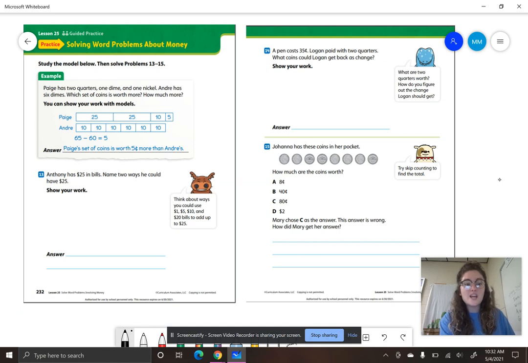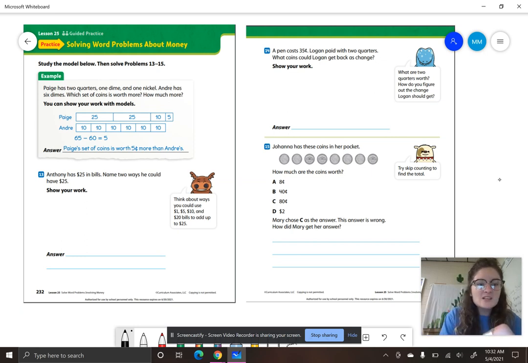So, Paige had a quarter. She had 2 quarters, so 25 plus 25, 1 dime, and a nickel. Andre had 6 dimes. And look, Smarties, 6 dimes with 10 cents each is worth 60 cents. Look at how these line up.